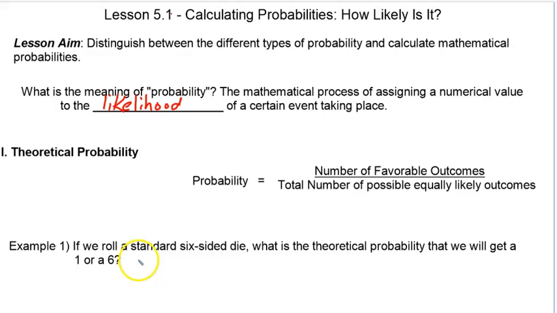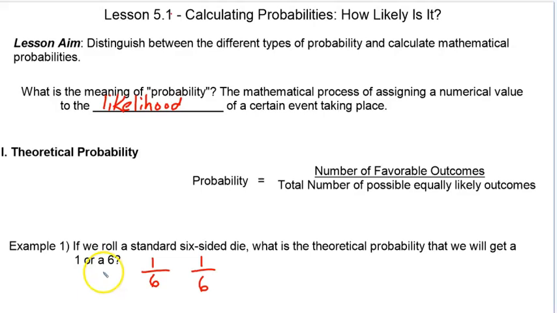So the probability that we will roll a 1, well, since there is a single number 1 on the cube, that would be called a favorable outcome, rolling a 1. And then the total number of possible equally likely outcomes would be 6, because there's a total of 6 numbers on the cube. Then, in a similar manner, the likelihood that we're going to get a 6, well, there's one of those out of 6.